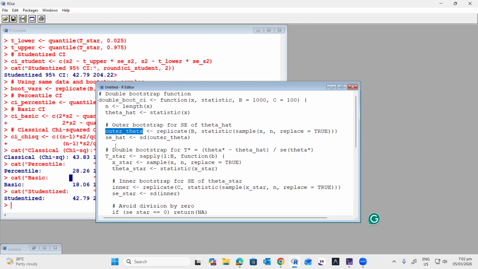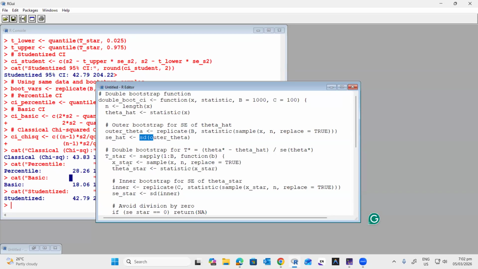And in that, se hat, we are going to calculate the standard error of our outer theta. All right. After that, we have the T star, in sapply 1 to B, a function of b.